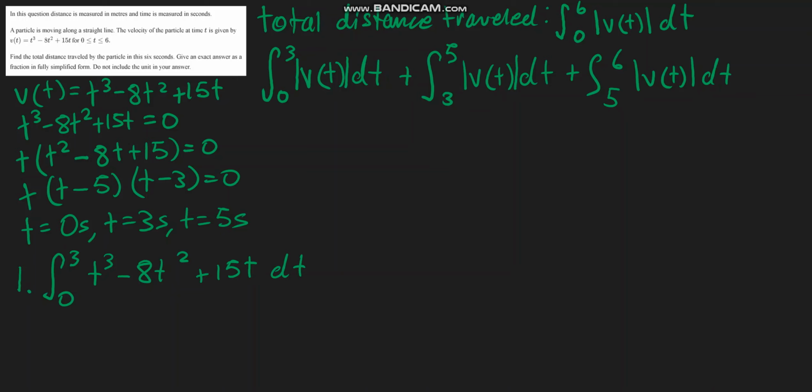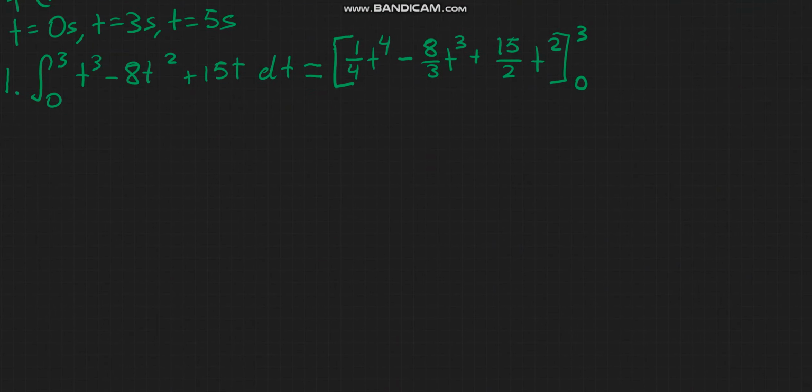Okay, if we integrate this, we will end up with 1 over 4 t to the power of 4, minus 8 over 3 t cubed, plus 15 over 2 t squared. This is from 0 to 3.